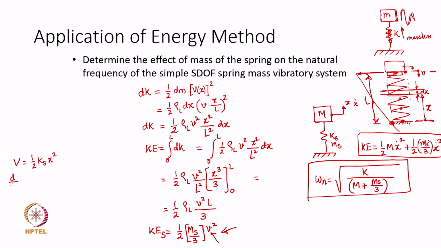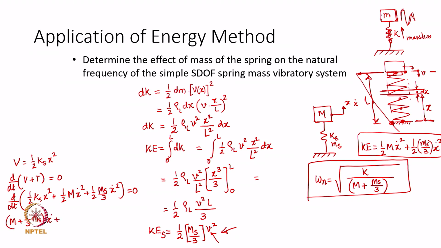So, if I write d/dt of (V plus T) equals 0, it basically means half k_s x square plus half m x dot square plus half mass of the spring by 3 x dot square equal to 0, which if you solve, you will get the governing equation as (m plus 1/3 of m_s) x double dot plus k_s x equal to 0.